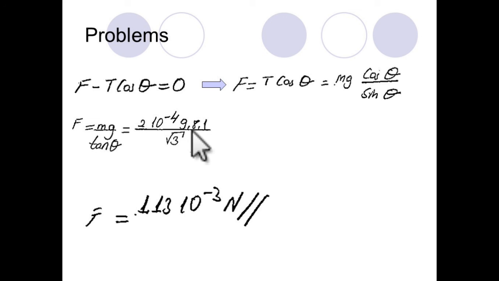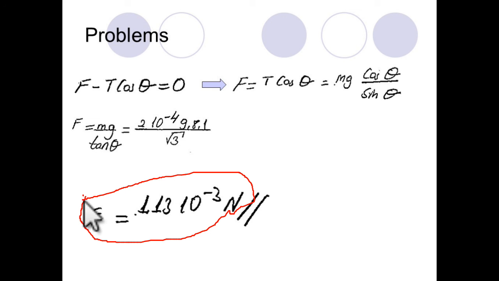Gravitational acceleration is 9.81 meters per second squared, and tangent theta, tangent 30, is equal to 1 over square root of 3. From here we can find the repulsive force as 1.13 times 10 to the power minus 3 newtons. N is for newtons.